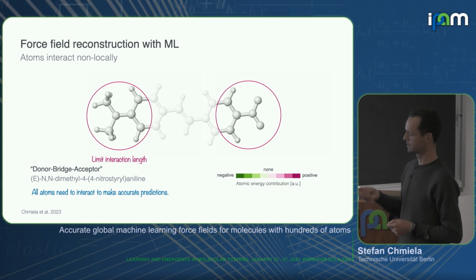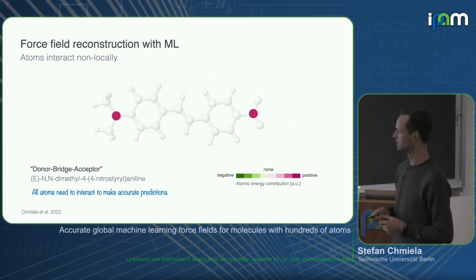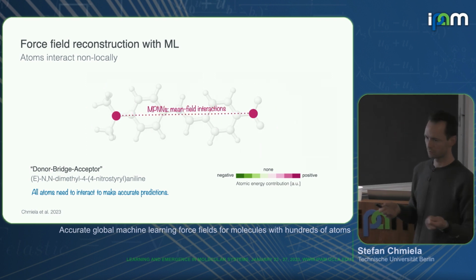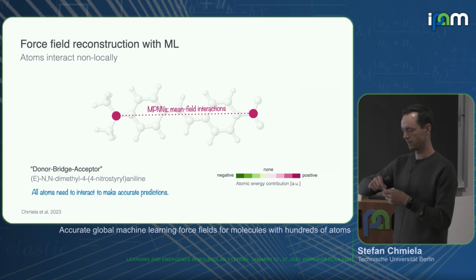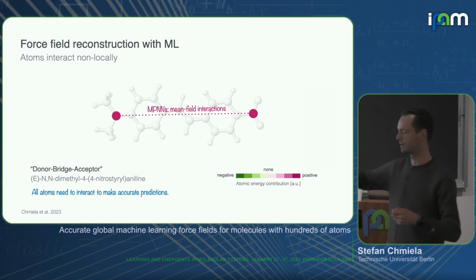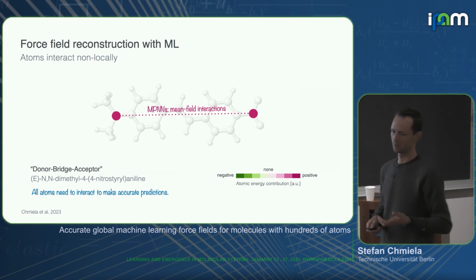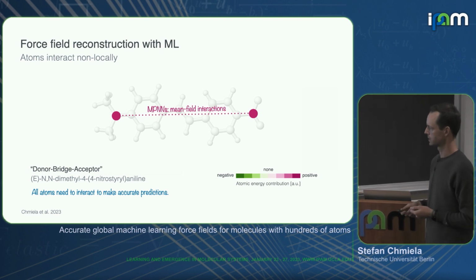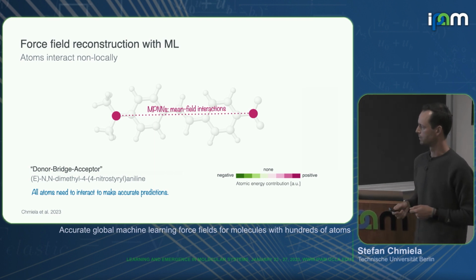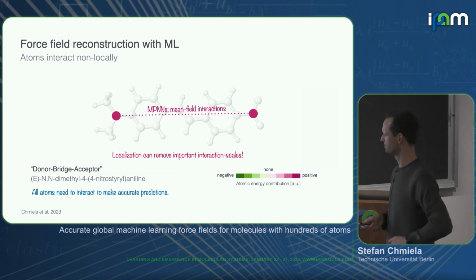Of course, message passing networks do allow interaction between those cutoff regions, but they're usually very low dimensional. Especially if they have to traverse multiple hops to make a connection, there's this known problem of information diffusion, which then reduces the expressivity. So through local cutoffs, it's very hard to represent global interactions.